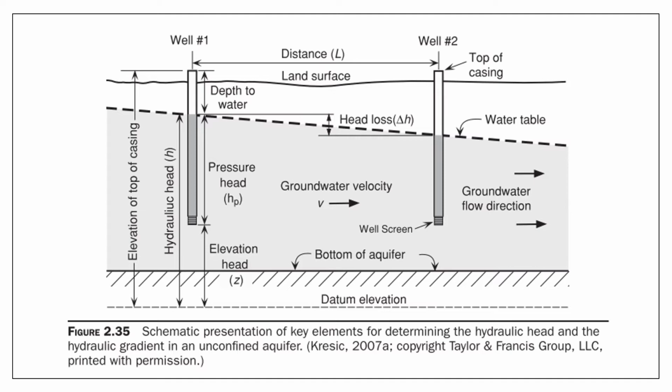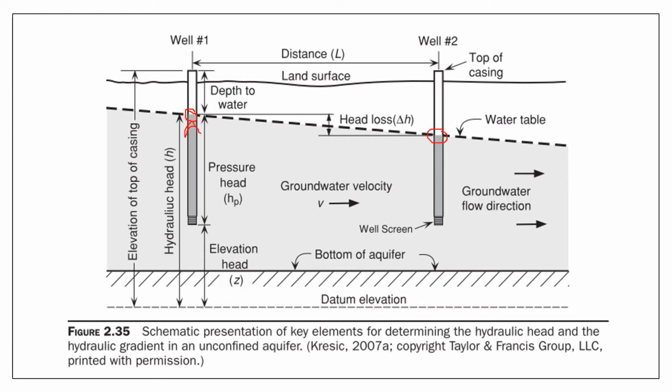And as I have discussed earlier, in hydrogeology, most of the time we just simplify the problem into a one-dimensional problem. So when we are talking about flow of groundwater, the default point of recording here is the top of the water table.